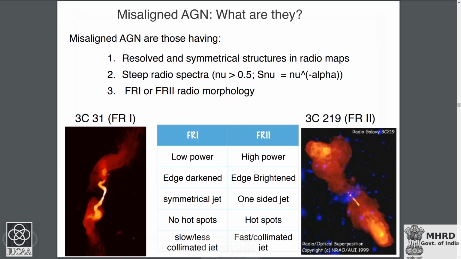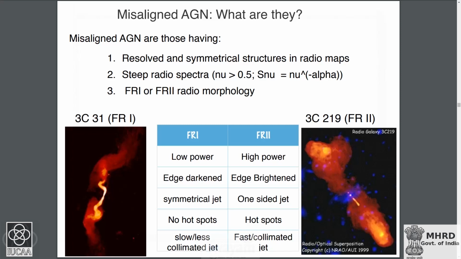There is another class of objects which are viewed at larger angles from the line of sight. They are called misaligned AGN. If you see the radio maps, they have resolved and symmetrical structures. The radio spectra are generally steep, and in terms of radio morphology, they are classified into two different categories called Fanaroff-Riley class 1 source and Fanaroff-Riley class 2 source.